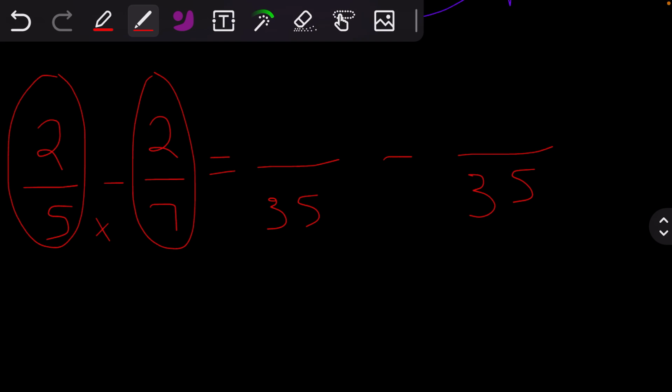For this first fraction, we started with a denominator of 5 on the bottom, and we ended up with 35 as the new denominator. So we scaled this denominator by 7. 7 times 5 is 35. So we have to do the same thing for our numerator.